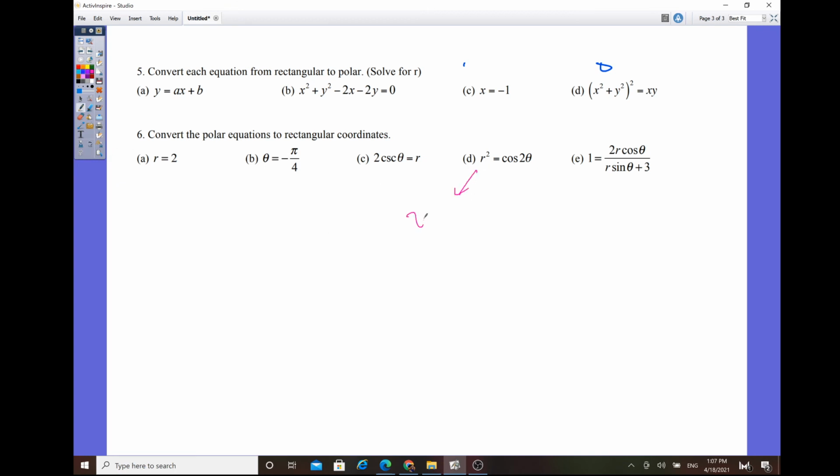So again, r squared is just like x squared plus y squared. So cosine of 2 theta, using the identity, is cosine squared of theta minus sine squared of theta. So this one is like, cosine of theta is x over r, quantity squared, minus y over r, quantity squared.